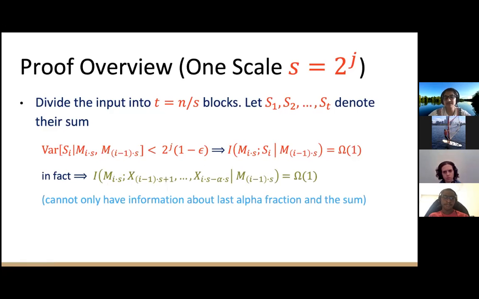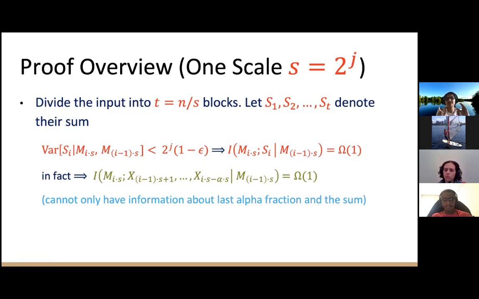So this means that if the memory state after the ith block has information about the sum, then it needs to have information about the first 1 minus alpha fraction of the inputs in that block too.